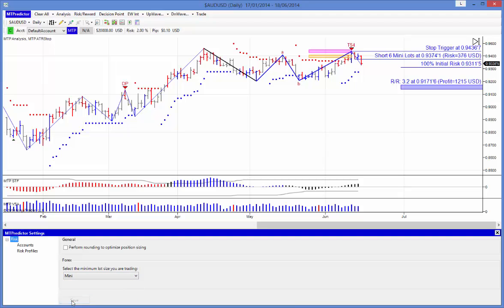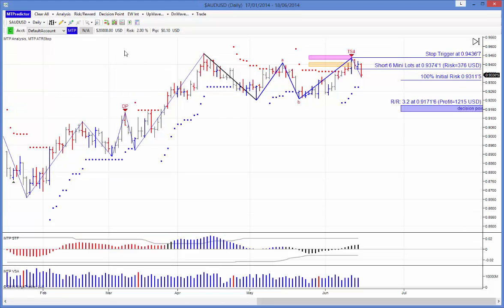In this case we're having a look at the mini lots, so that can be changed really easily for you. We also have a pip value multiplier here that takes account of non-US dollar based cross rates automatically, and you'll see that in a couple of cross rates' time.